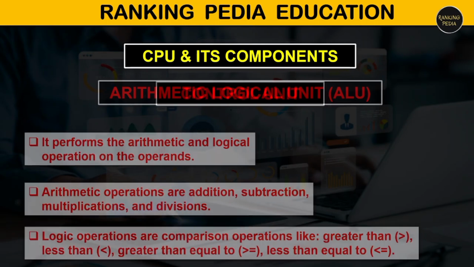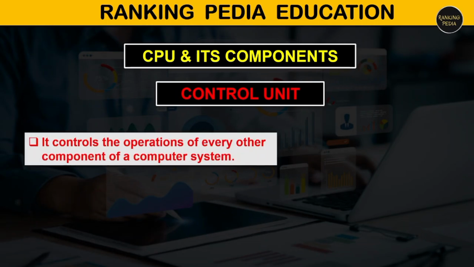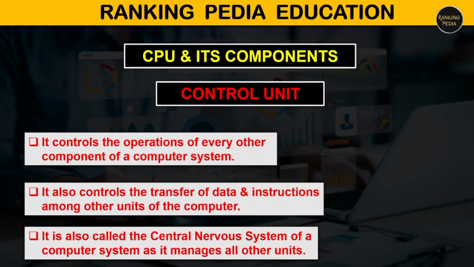Now we will discuss the third component, which is the CU, that is control unit. The control unit controls the operation of every other component of a computer system. It also controls the transfer of data and instructions among other units of the computer. The third point is the major point: it is also called the central nervous system of a computer system, as it manages all other units.